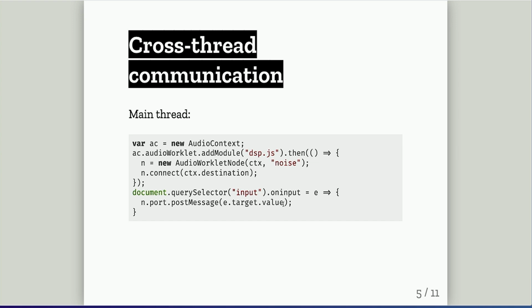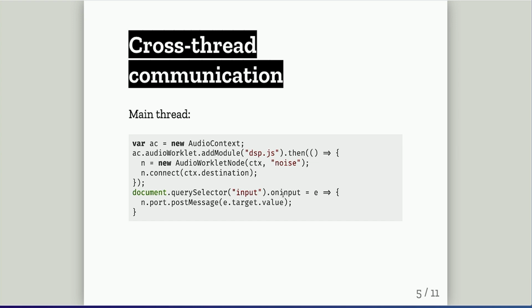You can post anything that can be represented in JavaScript: an object, buffer, float, anything. So here I'm doing the classic of sending the new value when my slider changes. A very simple example: a slider for, let's say, the frequency of an oscillator or the amplifier volume or whatever, and I just send every new value.